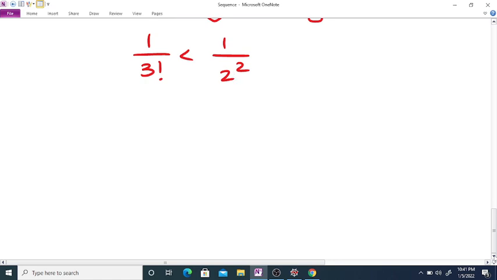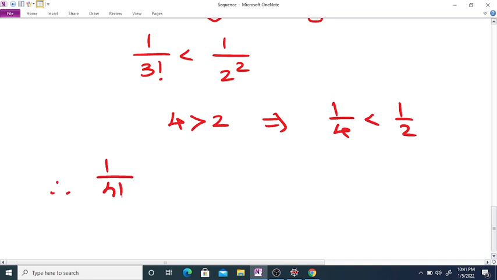Similarly, as 4 is also greater than 2, 1 by 4 is less than 1 by 2. Therefore 1 by 4 factorial is equal to 1 divided by 2 into 3 into 4.